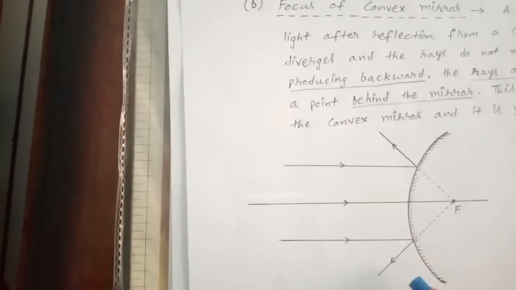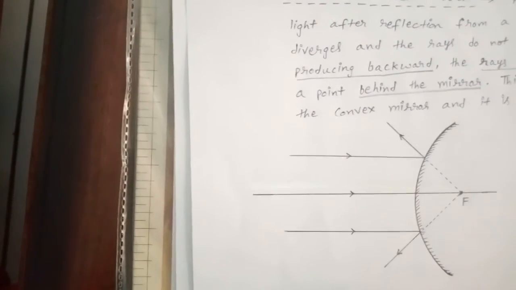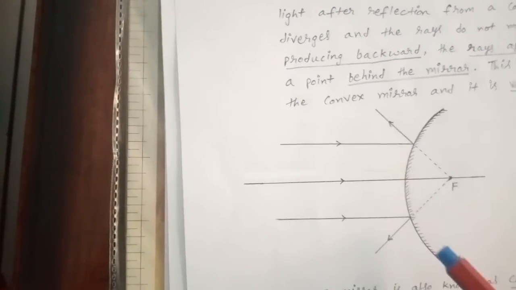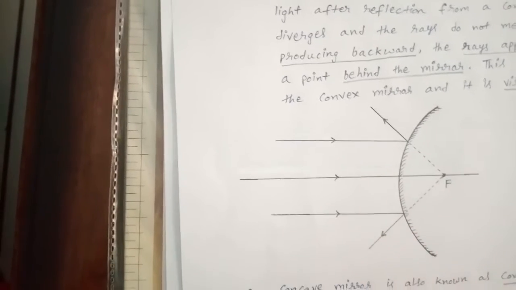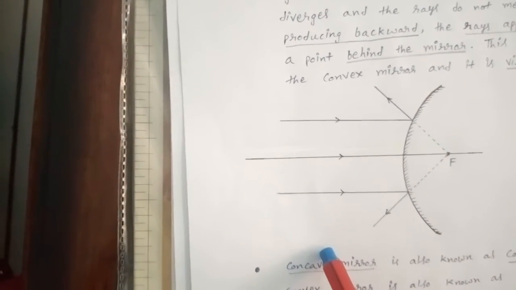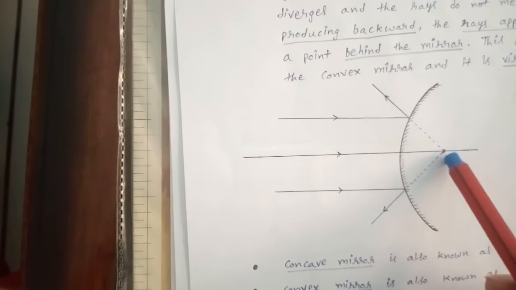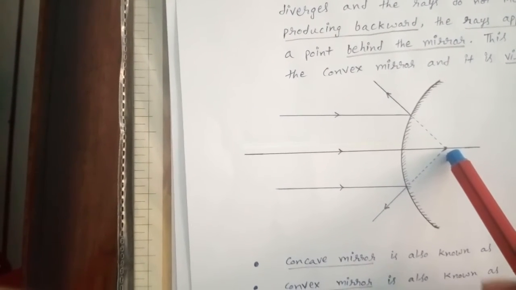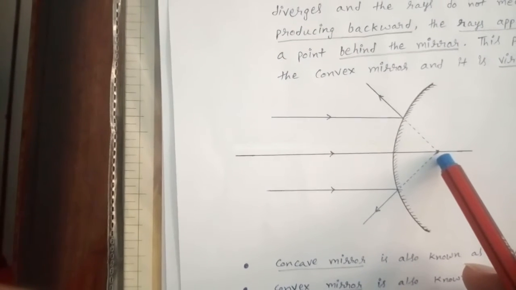So they would not meet in reality, but when a person standing here sees the image of the object in the mirror at the focus, that image is not the real image of the object.